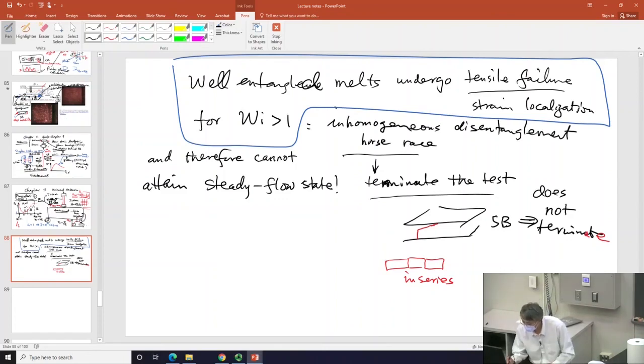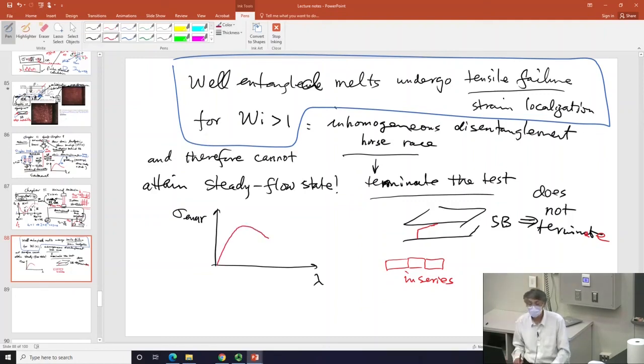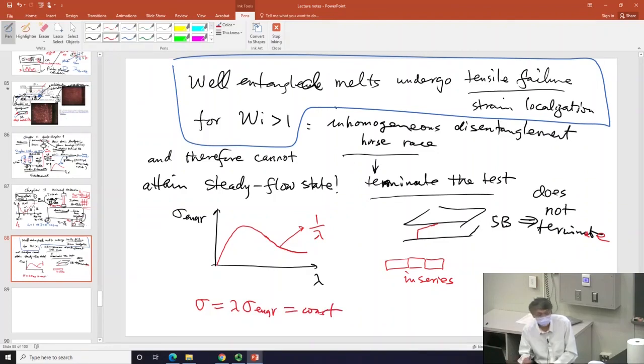Of course, you say, oh, what do I mean by steady flow state? Well, if you look at your engineering stress versus lambda, then the steady flow state will be a state where eventually your engineering stress will go with lambda as 1 over lambda, because then your true stress would reach constant, right?